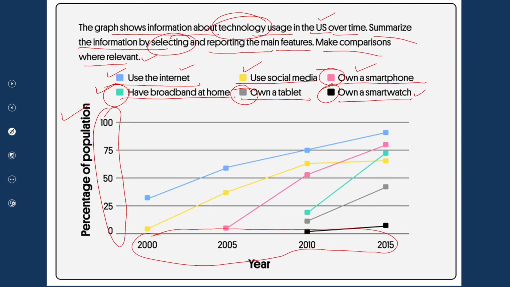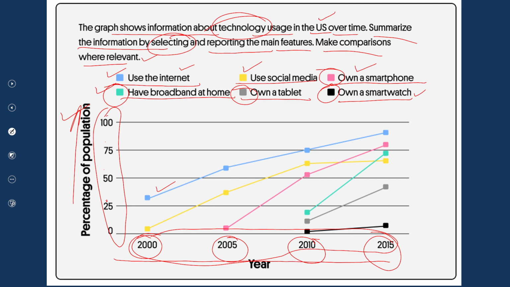Now, this is the percentage of population: 25%, 50, 70, and 100. And here you see the years 2000, 2005, 2010, and 2015. Now, let's talk about using the internet, represented by the blue color.